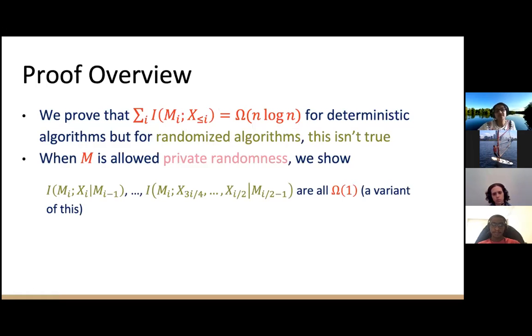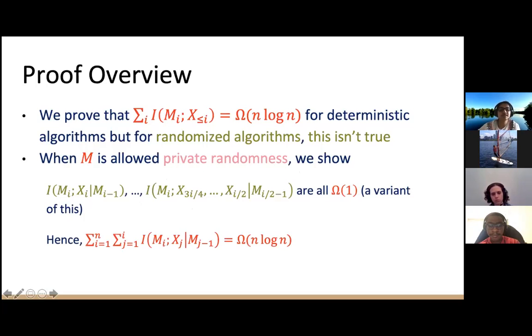So when M is allowed private randomness, instead of conditioning on the input stream up to the (i-1)th level, we condition on the memory state after reading the first i-1 bits. And we show a variant of the following statement: the mutual information between m_i and the previous bit, conditioned on m_{i-1}, and then you look at the previous 2 bits, and then the previous 4 bits, and so on, they are all omega 1.